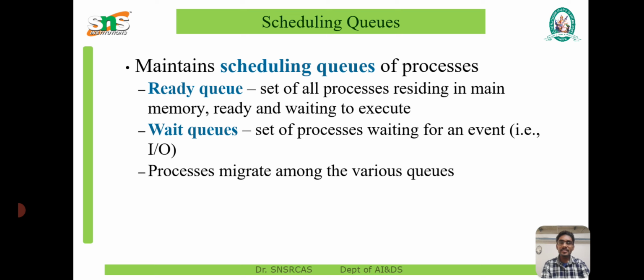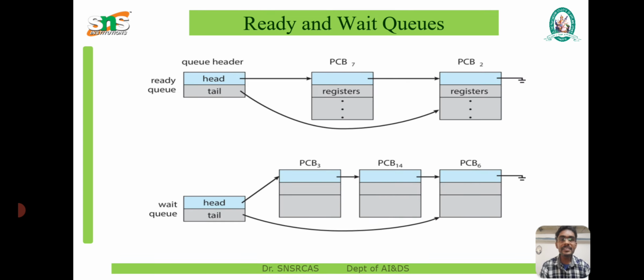Basically, processes migrate among various queues, which means from ready queue to wait queue and wait queue to ready queue. And here is how the ready queue and wait queues are represented. In the ready queue there are two processes, namely number 7 and number 2. We have discussed the PCB, which is the process control block, in the previous videos.